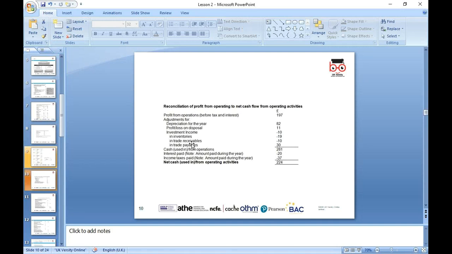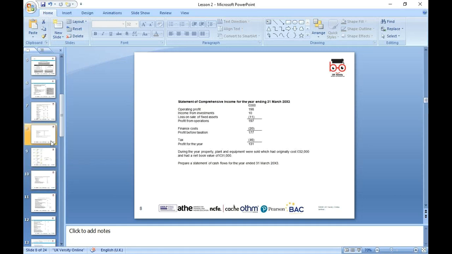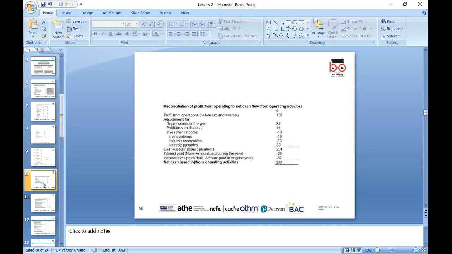Then you've been given the adjustments, depreciation for the year. Depreciation in the profit and loss account was already deducted, that's why we have a profit here after meeting all the expenses. So depreciation is a non-cash expense. In the first place you minus it, so you add it back.